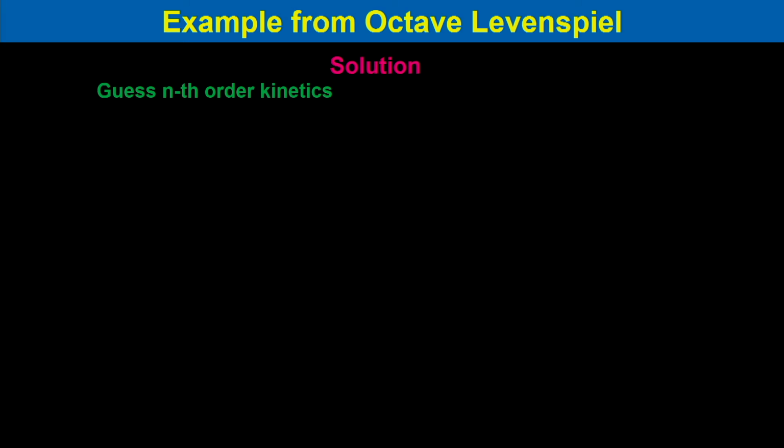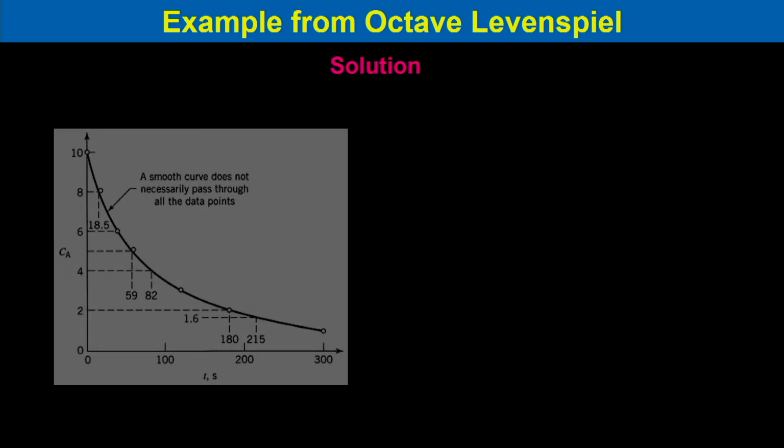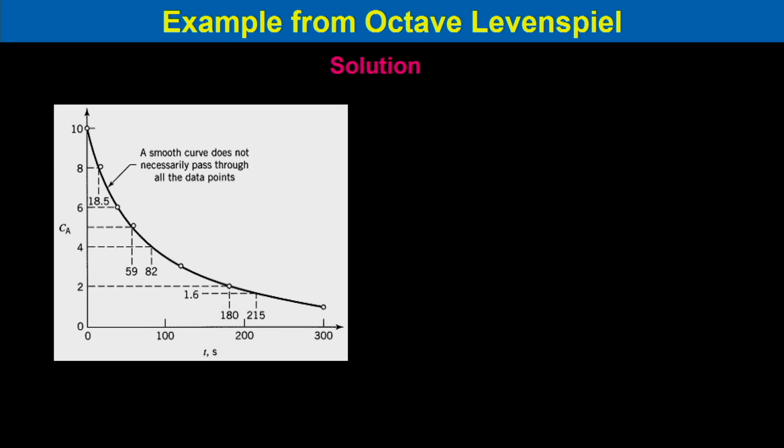So, now consider a general nth order kinetics and find out the order of the reaction. To do that, let us plot concentration versus time, which are given, and consider the fractional life method.